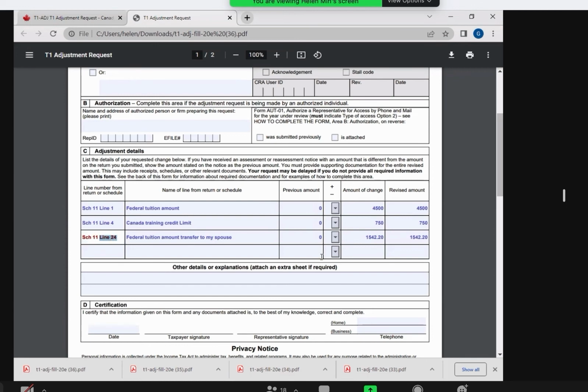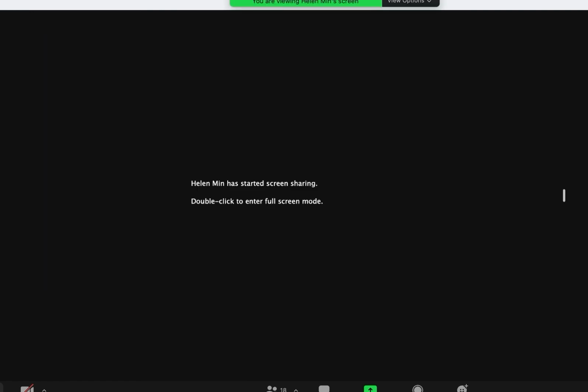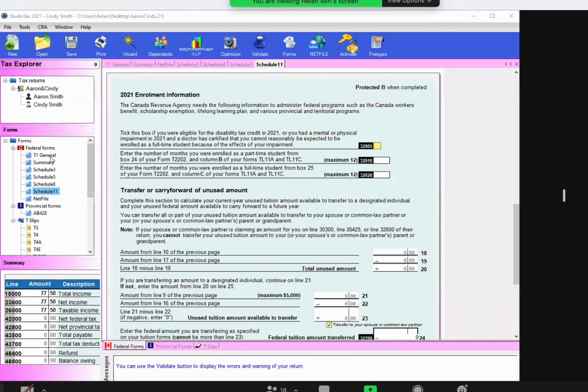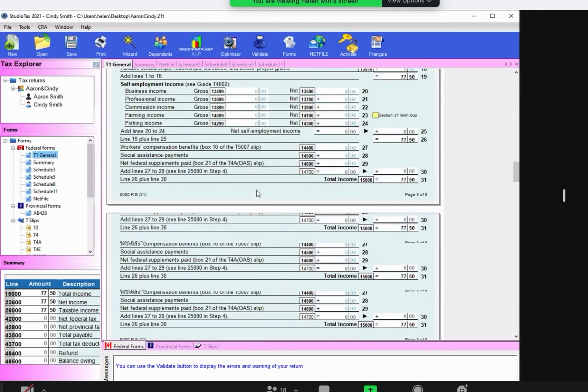So when you got this one, then on your T1, I need to find the T1 line 101, okay? You cannot put line 101, but you just put it on the T1. So your tuition amount, okay?